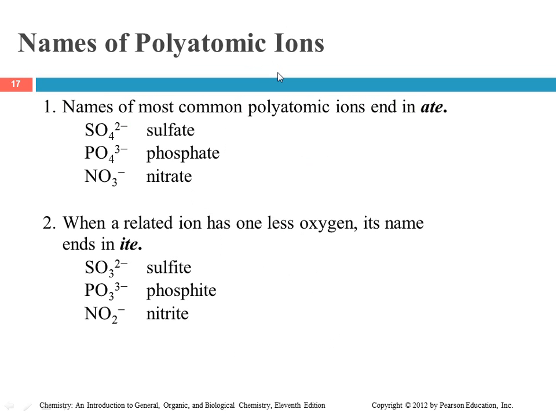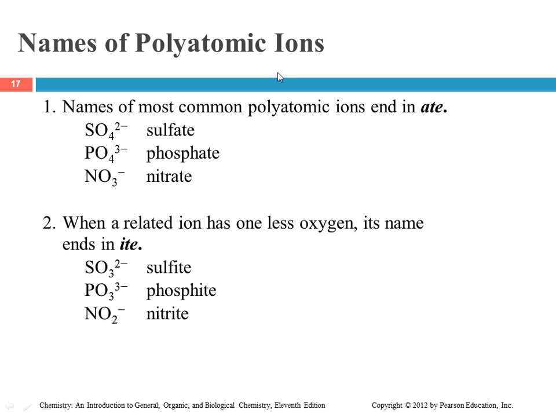Your most common polyatomic ions end in ATE. So sulfate, phosphate, and nitrate. I want you to notice this charge here, that's the oxidation state of that whole group of atoms. Just like we were looking at metals, and transition metals had a charge, these do as well, but it's for that whole group of atoms.